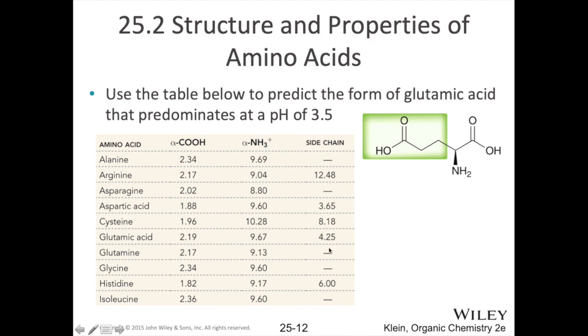But what about our side chain? Notice that our side chain has a pKa that's above the pH. So our pH is relatively acidic compared to the pKa of our side chain, which means that this carboxylic acid group here is not going to be deprotonated.